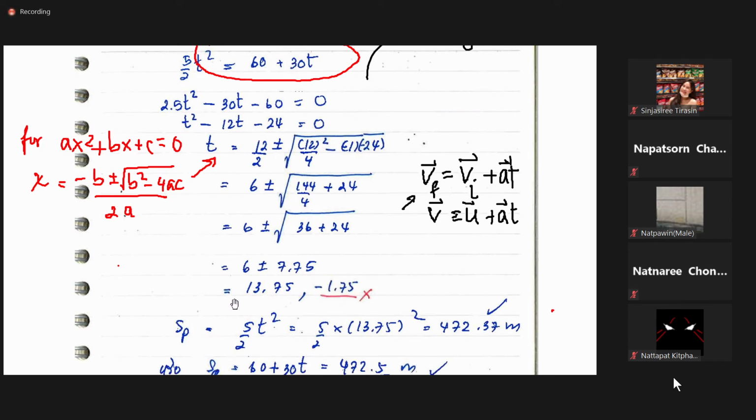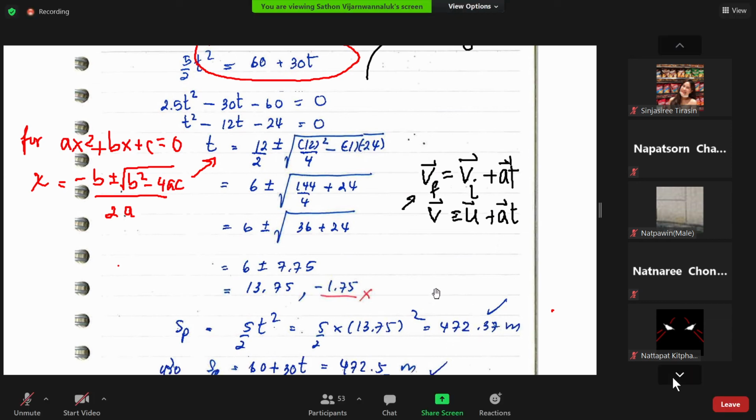Now, in order to check if it's true, you can substitute it into the first equation, because the distance the police car is traveling is 5/2 t squared. So it's 5/2 times 13.75 squared. It is 472.37, just straight from the calculator.